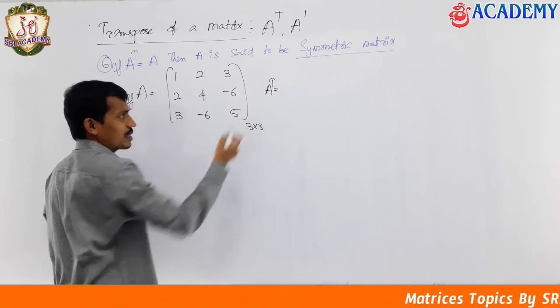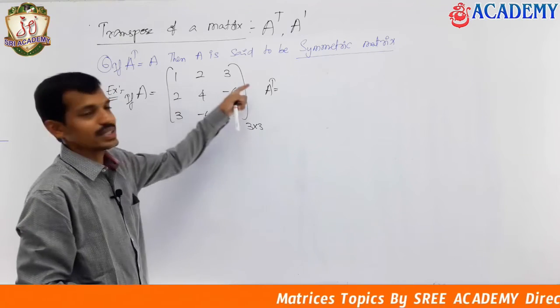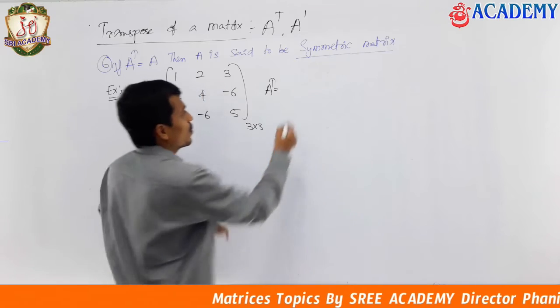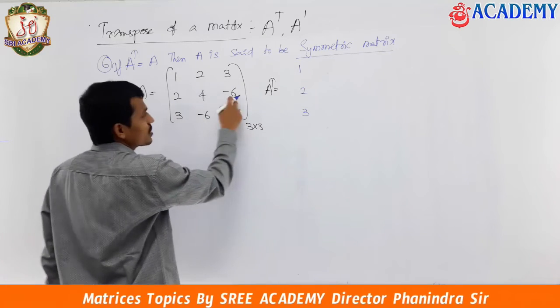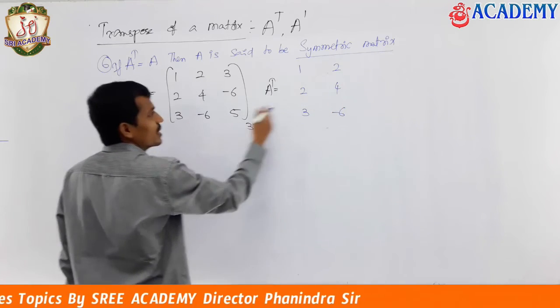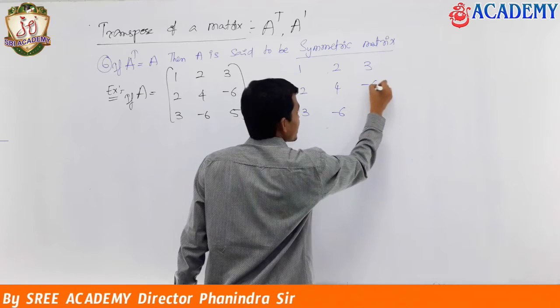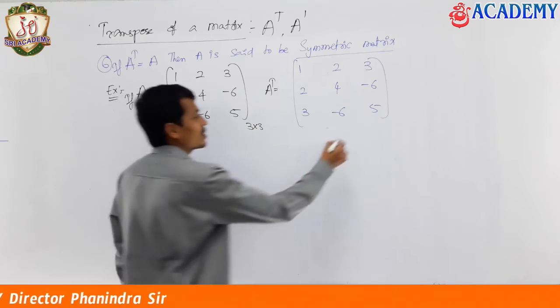This is a square matrix. I am writing rows as columns. First row is 1, 2, 3. Second row is 2, 4, minus 6. Third row 3, minus 6, 5.